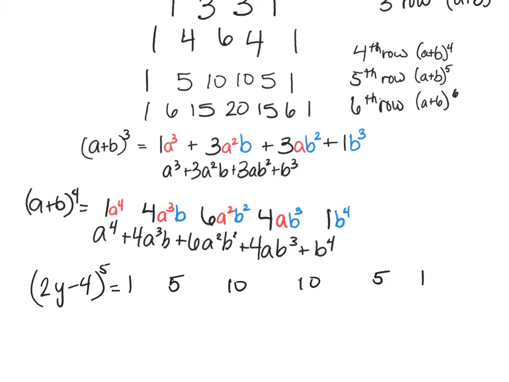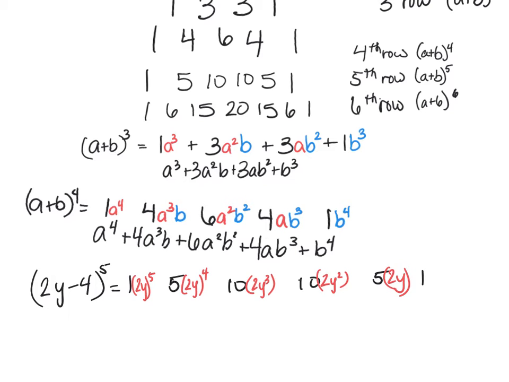Okay, now instead of it being a, we have 2y. So we're going to start with 2y to the fifth and 2y to the fourth, 2y cubed, 2y squared, 2y, and 2y to the 0, which is 1.